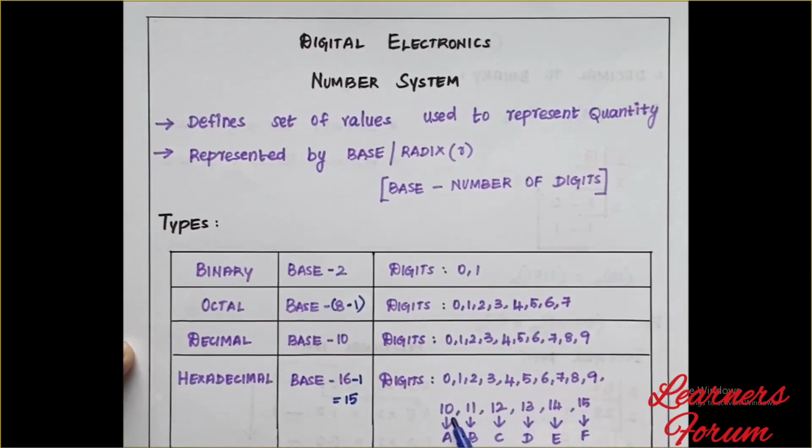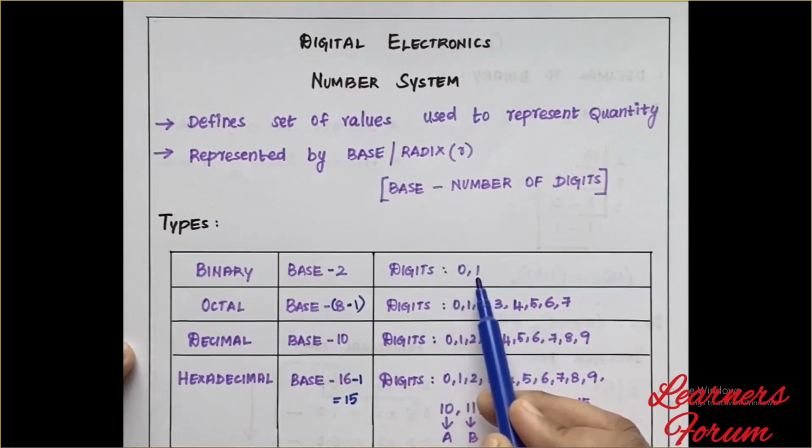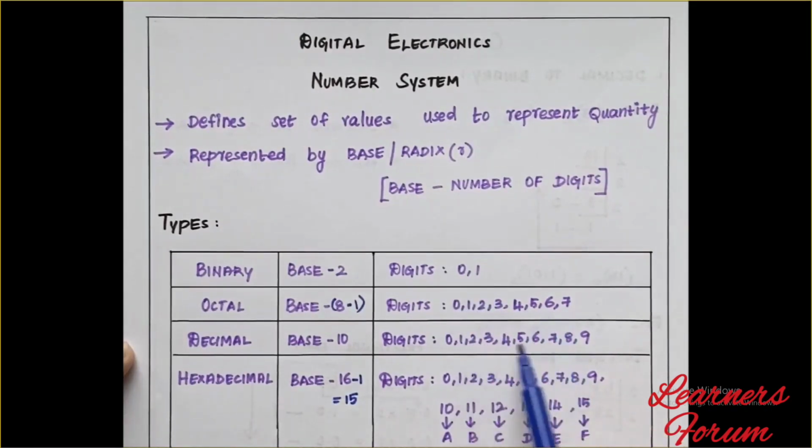For 10, the alphabet chosen is A. For 11, we will have B. For 12, C. For 13, D. For 14, E. And for 15, F. So this is the representation for hexadecimal type. Binary, octal and decimal are completely represented with numbers, and for hexadecimal we will have both numbers and alphabets. These are the general types of number system.